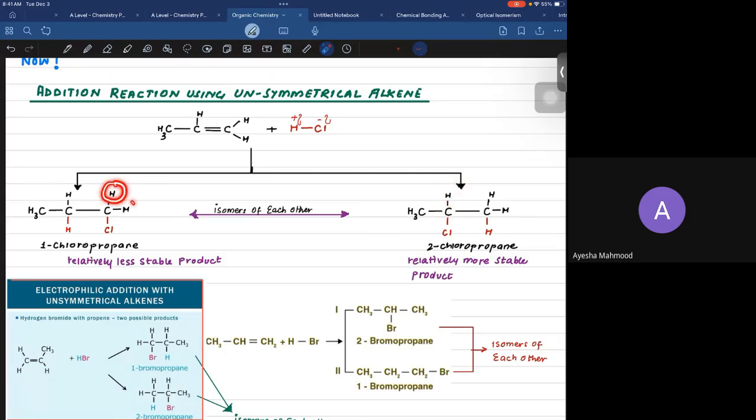There are two directly attached hydrogens, and there is only one directly attached hydrogen. Are you getting my point? Yes, okay.